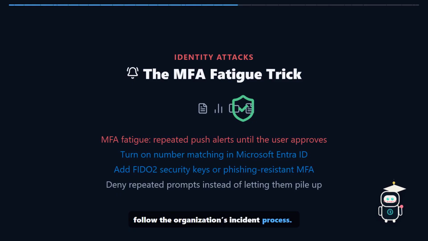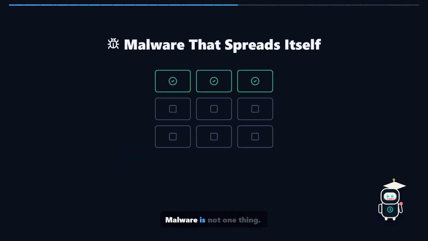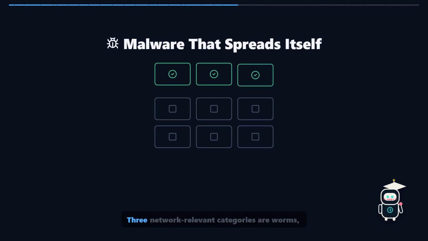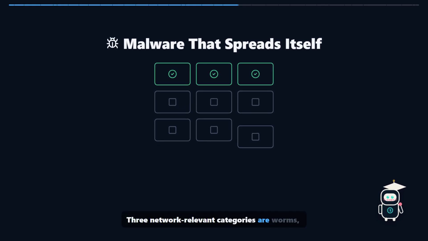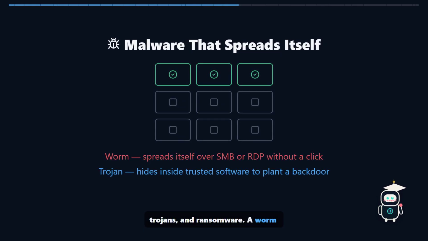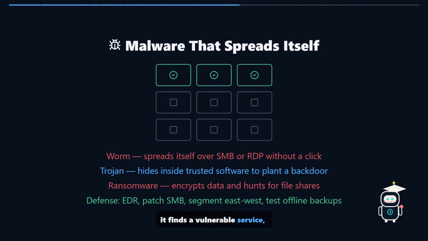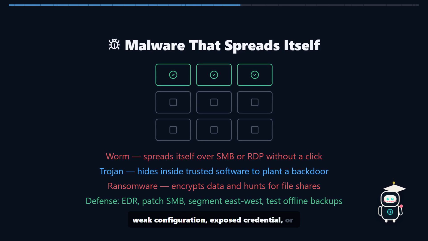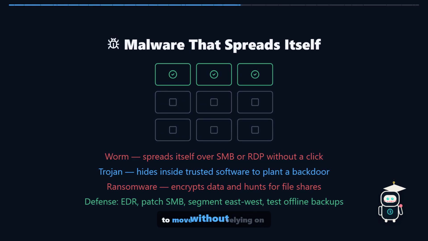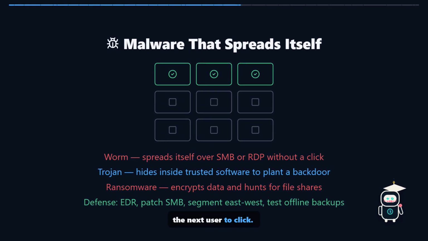Malware is not one thing. 3 network-relevant categories are worms, trojans, and ransomware. A worm can self-propagate across systems when it finds a vulnerable service, weak configuration, exposed credential, or other path that allows it to move without relying on the next user to click.